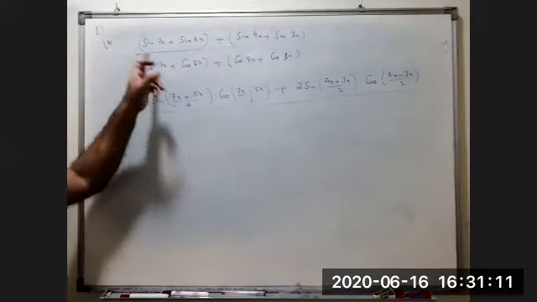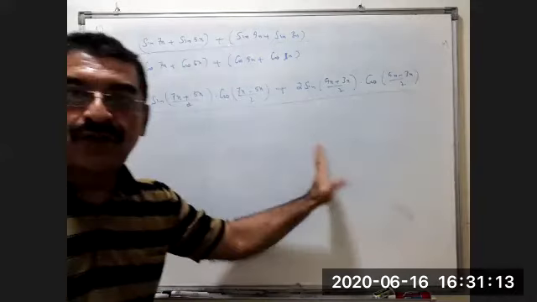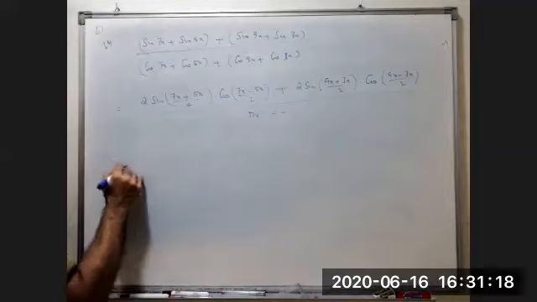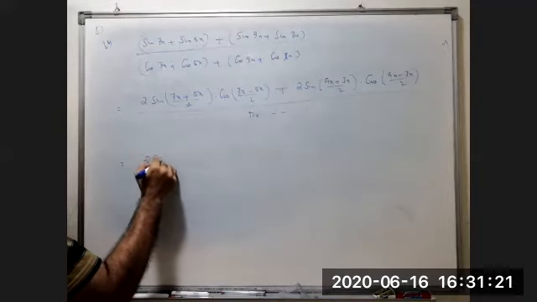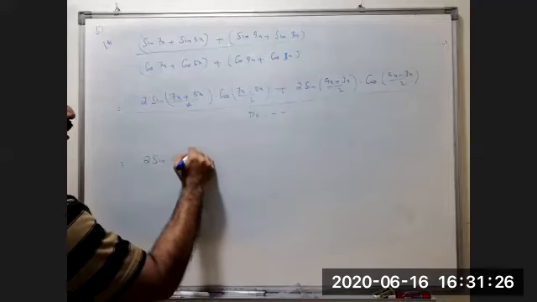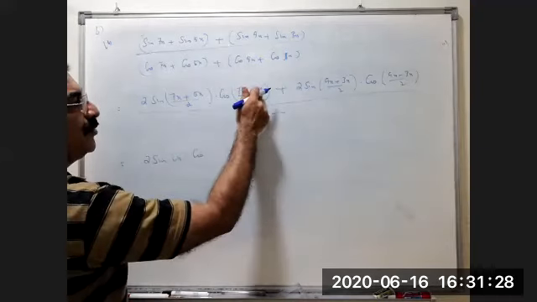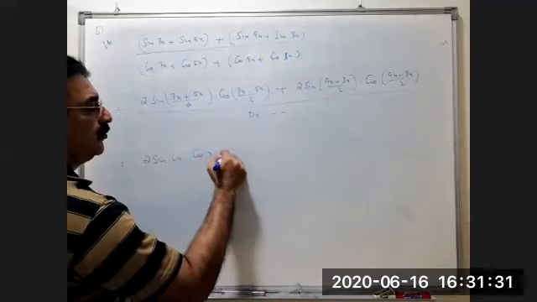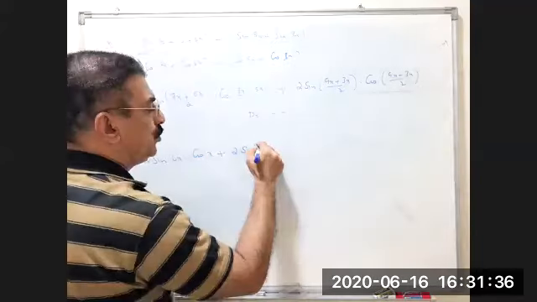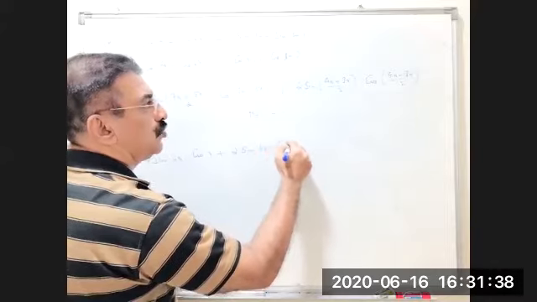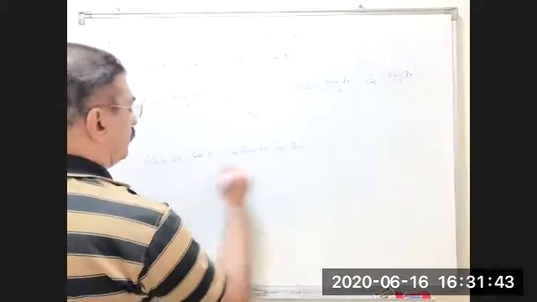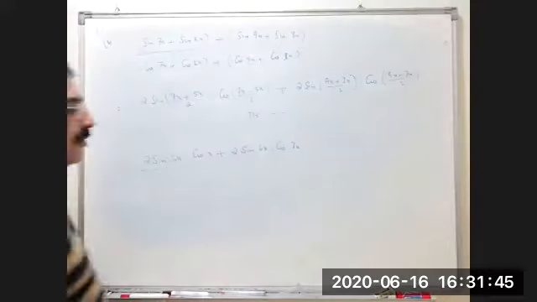You have to use the cos x plus cos y formula and simplify the denominator. So 2 sin, 7 plus 5 is 12, 12 by 2 is 6x, into cos, 7 minus 5 is 2, 2 by 2 is 1x, plus 2 sin, 9 plus 3 is 12, 12 by 2 is 6x, into cos, 9 minus 3 is 6, 6 by 2 is 3x. Remaining, you know.